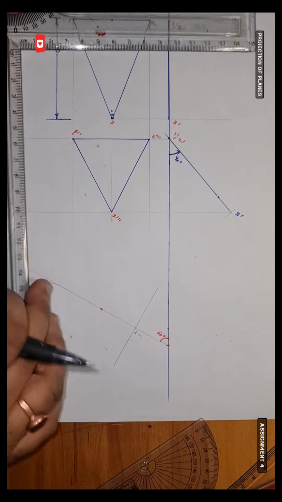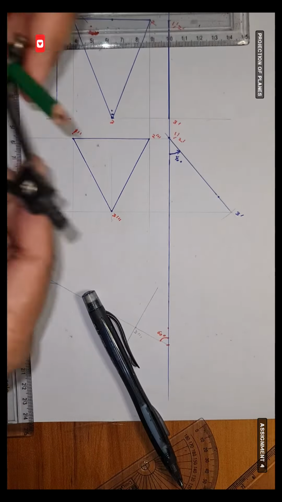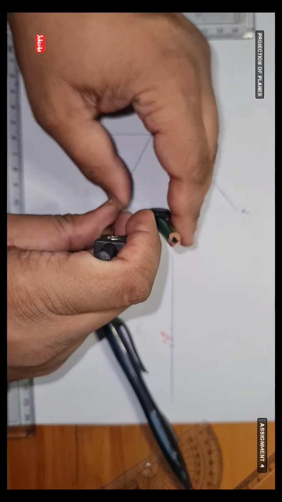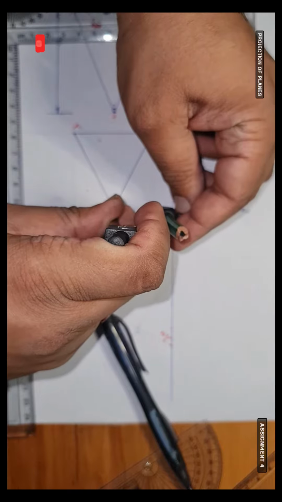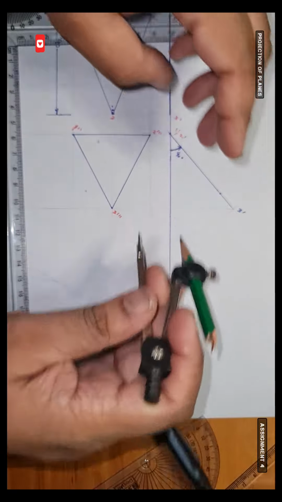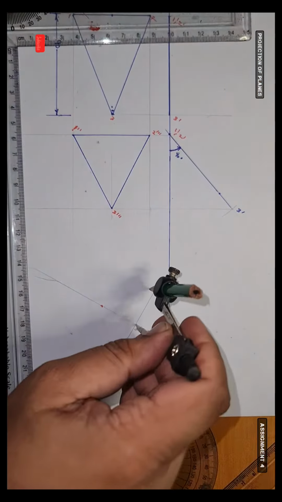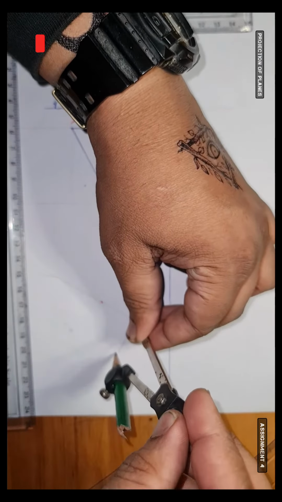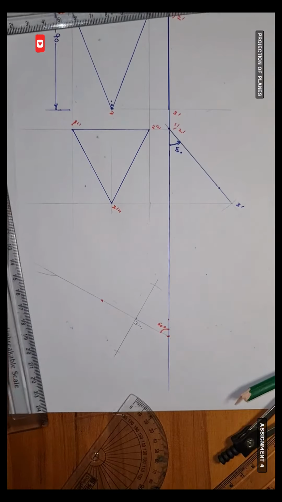Now you take your compass and mark all these distances. This distance in this box, the same distance is here on both sides. Now take the pencil.